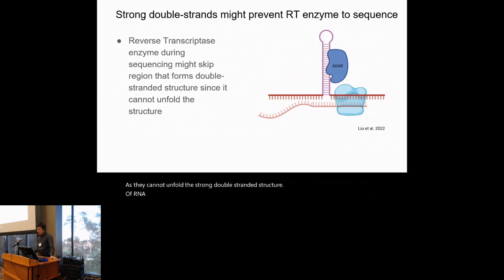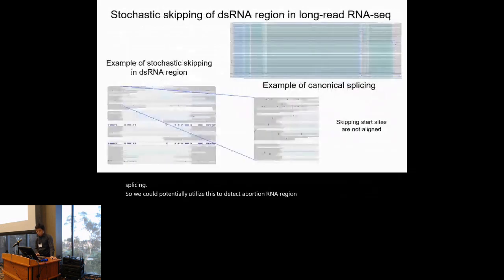And because this skipping is not a well-regulated process and just happens because of the structure, it might be different from skipping that happens through regulatory processes that we always see, such as splicing. So we could potentially utilize this to detect double-stranded RNA regions. So let's look at some examples.